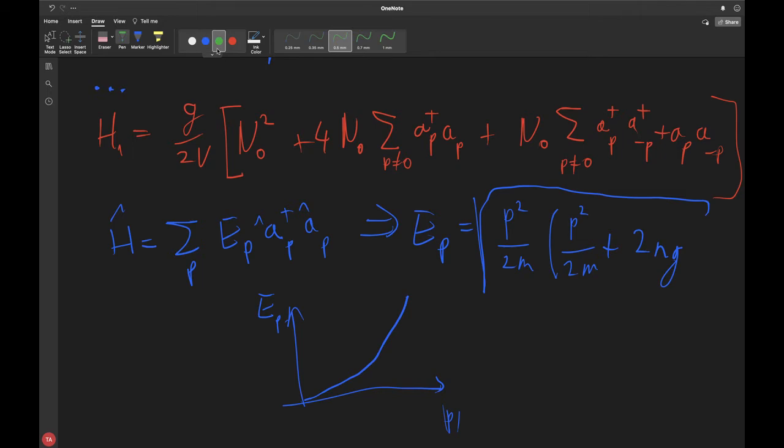When we are at high momentum, this part is like a parabola, so p squared over 2m is what's important. And at low momentum, the linear part is important, so that is the square root of n g over m times p that is relevant.